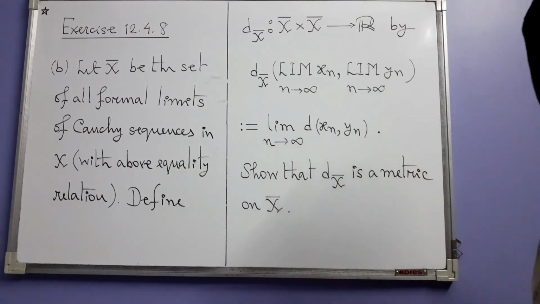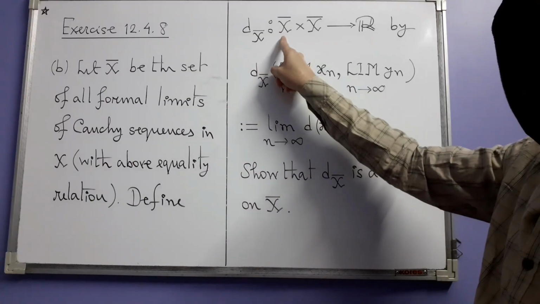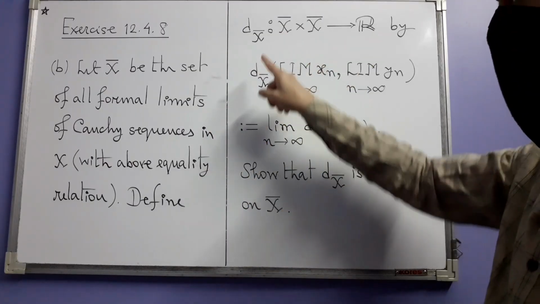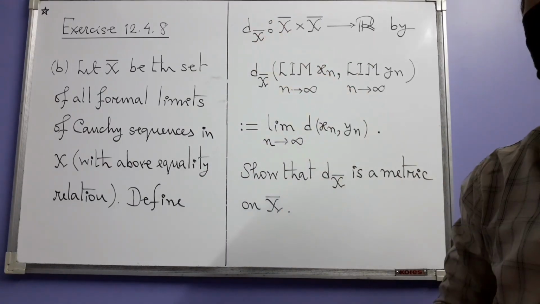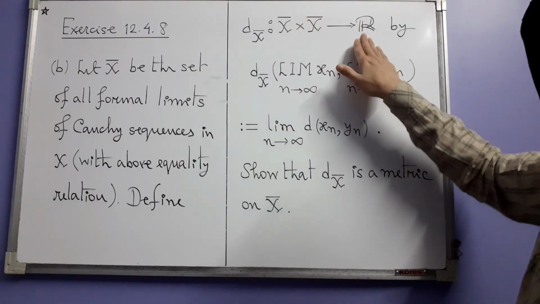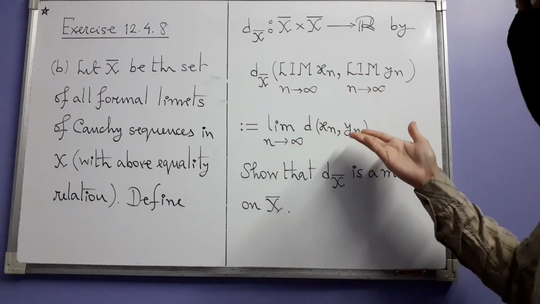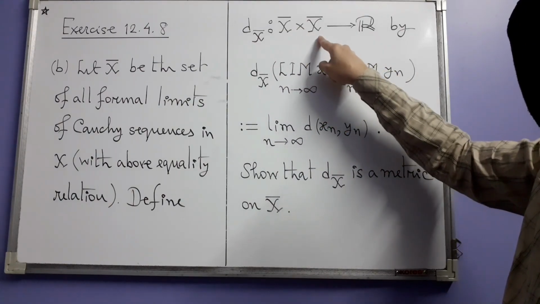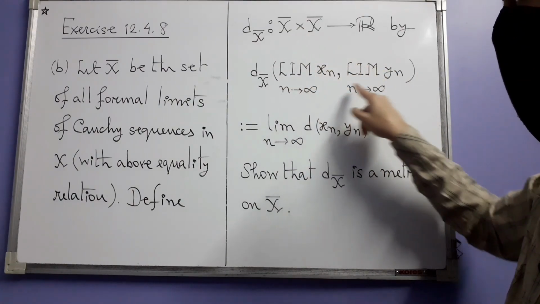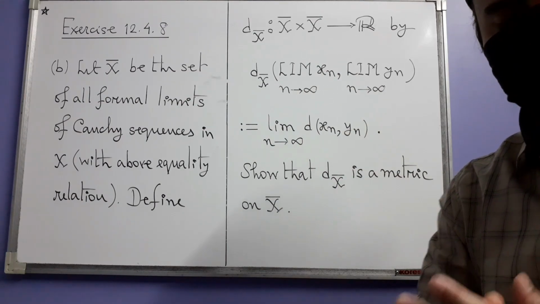Now next we are going to define a function like this on X bar times X bar, and we call it d suffix X bar. So it has this as its domain and R as its range. And this is the definition. Because the domain is this, an input will be an ordered pair of formal limits of Cauchy sequences.